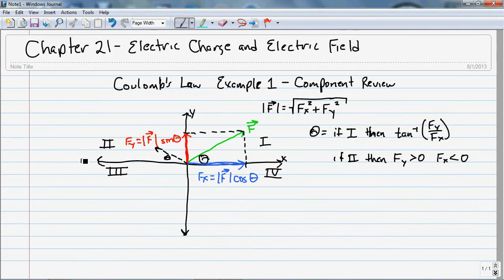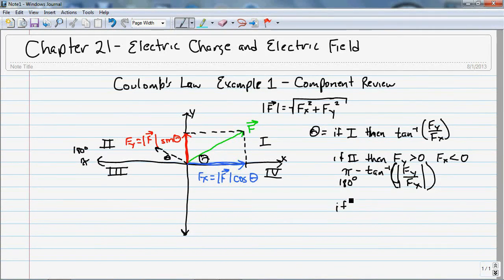So this is just pi, or 180 degrees here on the x-axis to the left. So theta is just going to be pi minus the arctangent of the absolute value of Fy over Fx. Don't forget the absolute value. Or I could say 180 degrees if I want it in degrees.